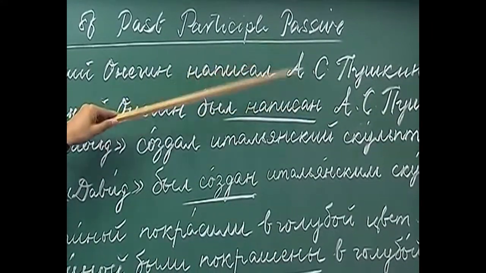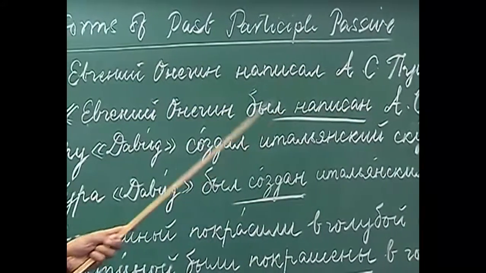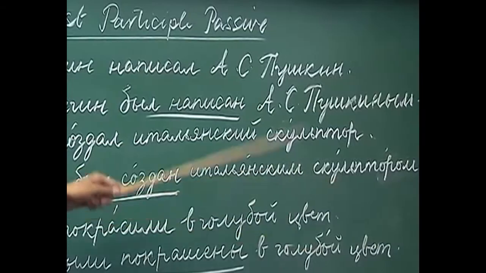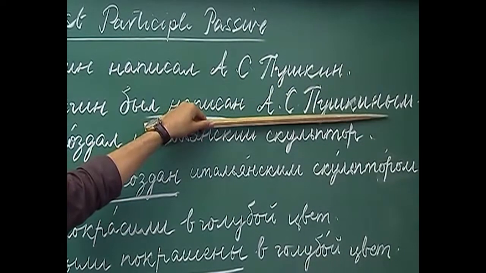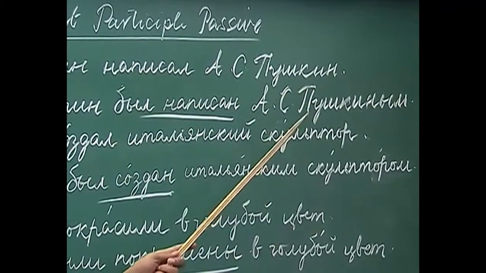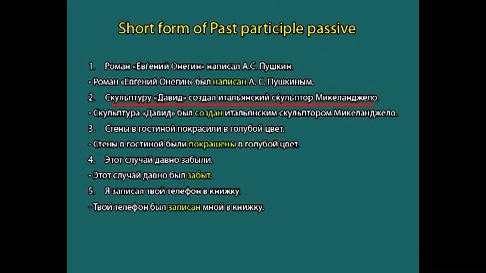From napisanni we form napisan, which is the short form, and we are using it to change the active construction into passive. And Pushkin, you have to change the form of the noun into instrumental case, because it is the performer of the action. Next example is Sculpturu David sozdal italijanski sculptor.